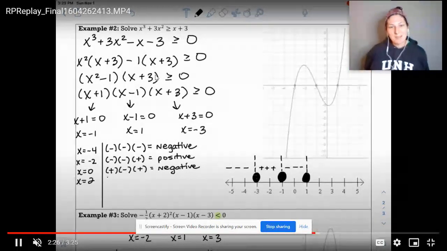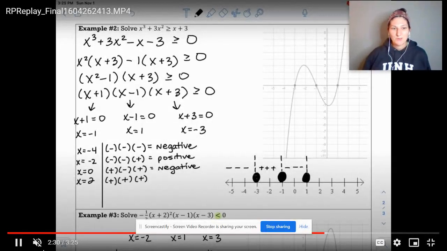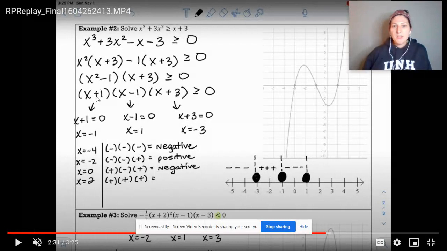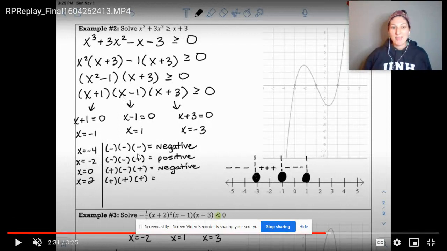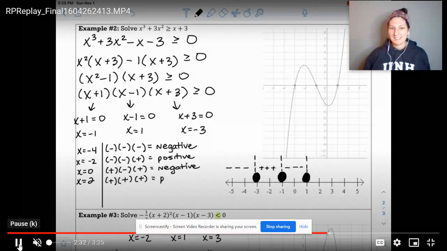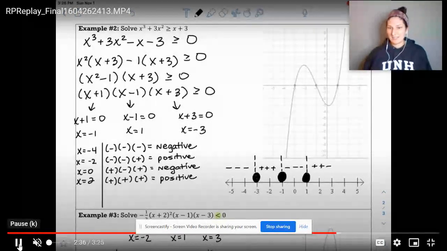The last region, I'm going to pick a number in there, and I'm going to plug in 2. So again, I plug it into that factored form. So 2 plus 1, 2 minus 1, and 2 plus 3. And I multiply those together, and I get a positive number. So I can mark it up on my number line with positive symbols, plus signs.